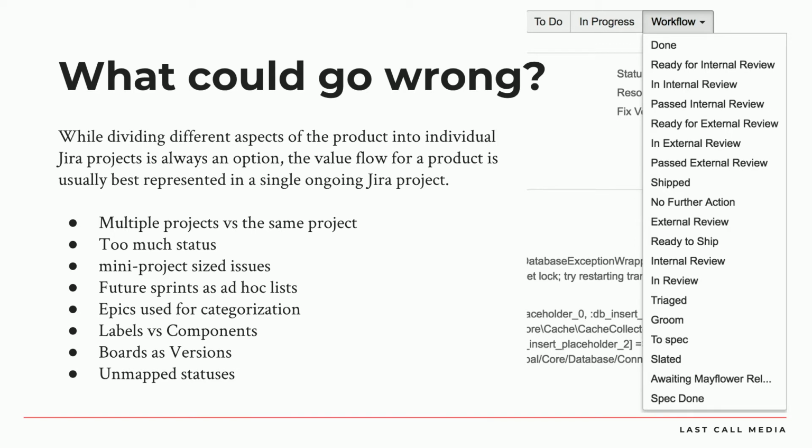You can use components the same way, but components, and we're definitely going to talk about components, have some special functionality, and this functionality is kind of indicative of how they can potentially be used. So a component can have a component lead. You can have a component description that shows when you hover over the component in certain places. You can have configuration so that if an issue is triggered for automatic assignment, it could automatically assign that issue to the component lead.